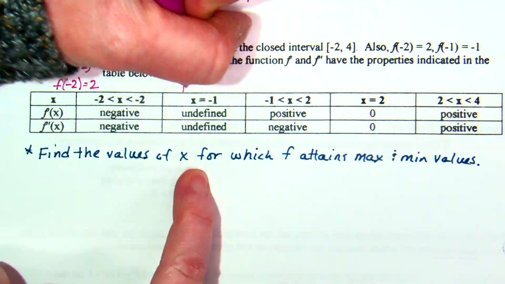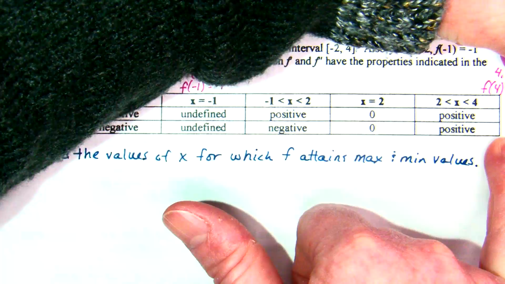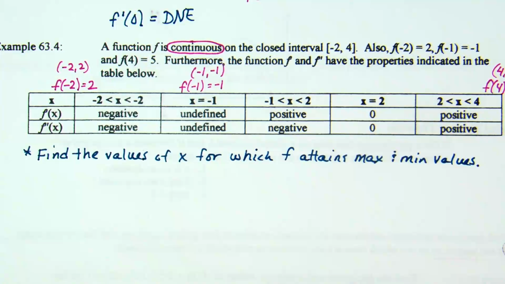Now, notice the top row, I guess, is the various x values. F prime of x. What does the first derivative tell us? So like here, when it says f prime is negative here, what is that meaning?